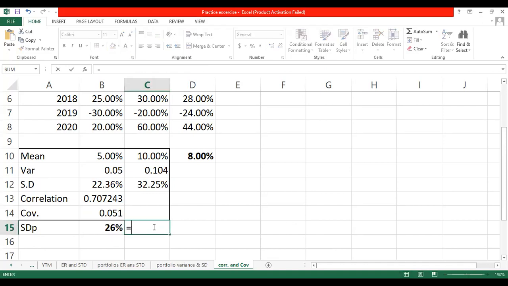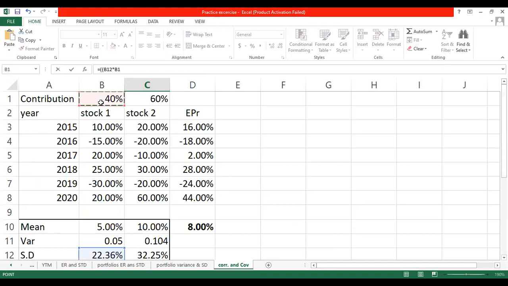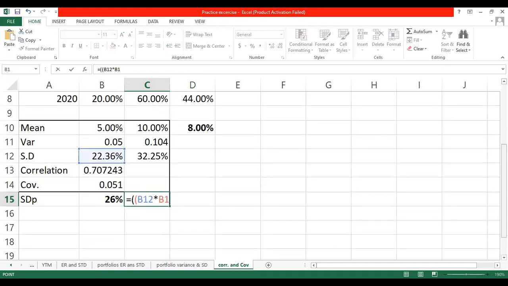Okay, bracket. Sorry, I was talking about the return because I am going to calculate the standard deviation, so we will assume the standard deviation. Standard deviation of stock 1 multiply by the weights of stock 1. Now see, bracket close and square.